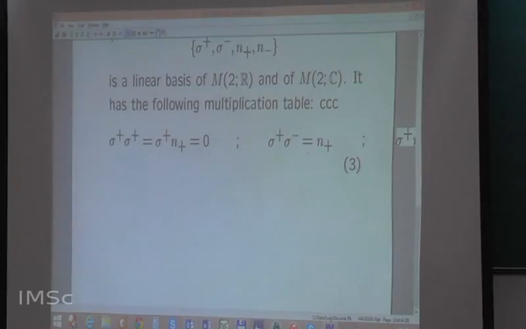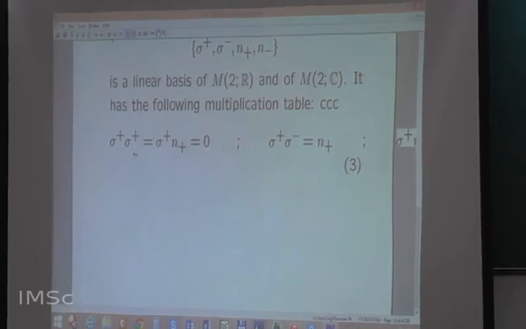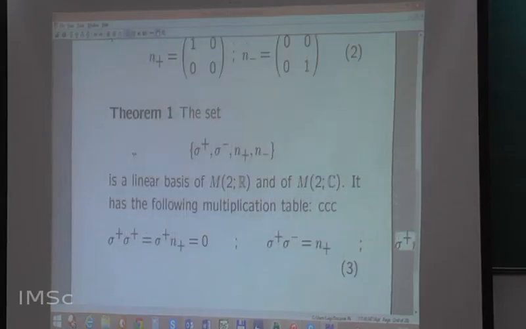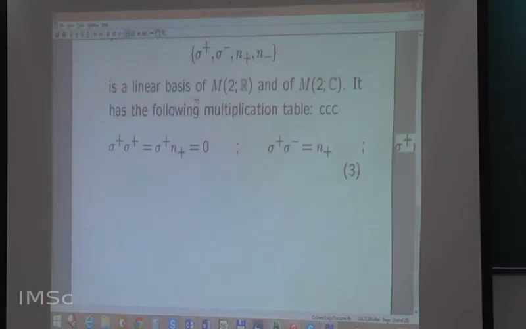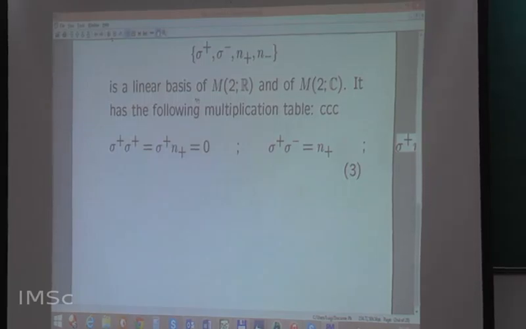But the crucial thing to be remembered, and that will be used in the following, is that this is a nilpotent operator. Sigma plus is upper triangular, and sigma minus is lower triangular. You will see in a moment the physical interpretation, why they are called in physics the rising and lowering operators.